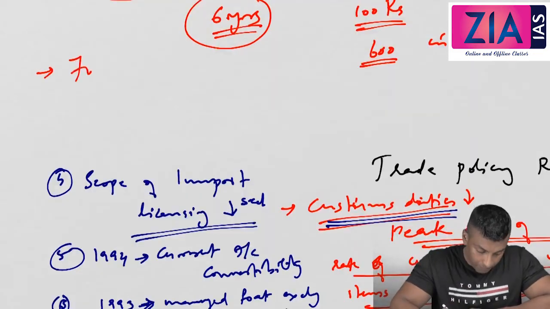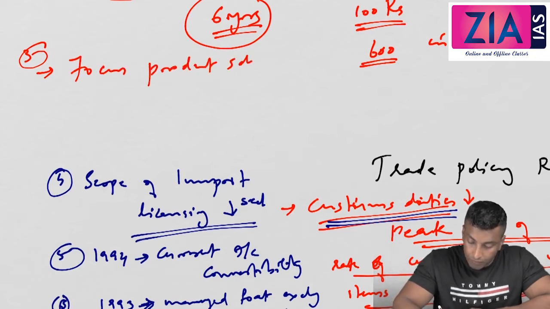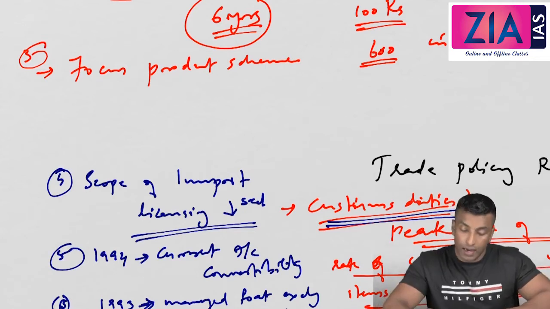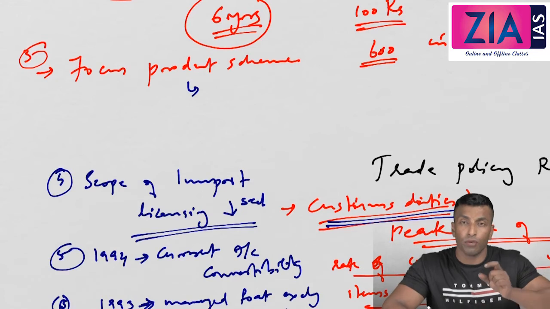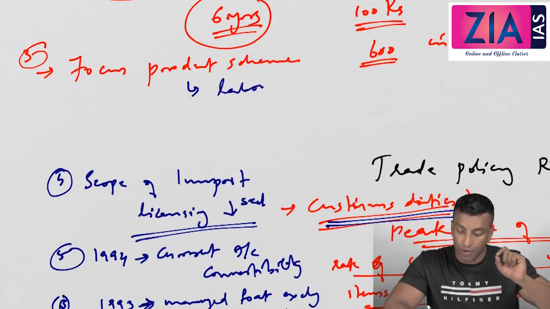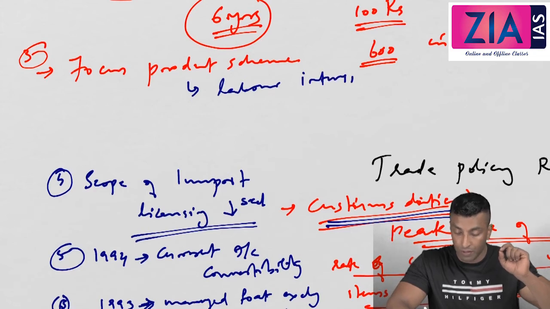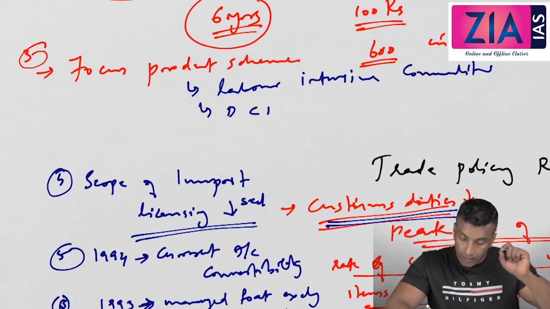Next is the focus product scheme, the third one. Under the focus product scheme, the exporters of selected labor intensive commodities are provided with duty credit scripts.